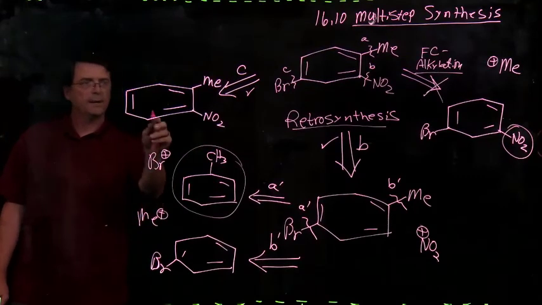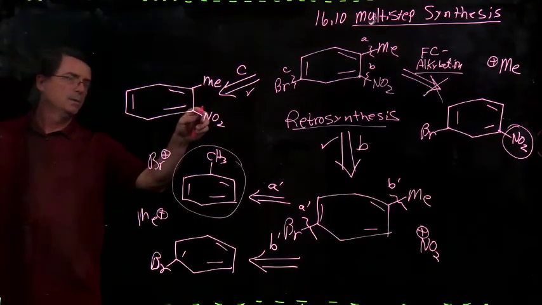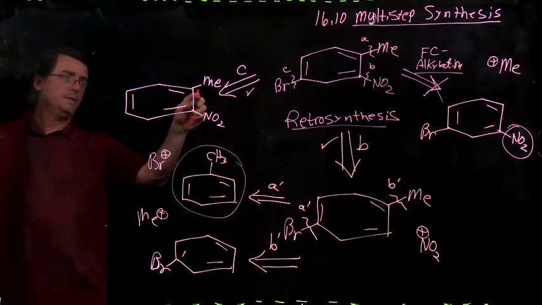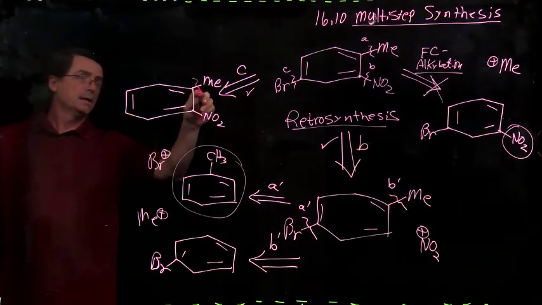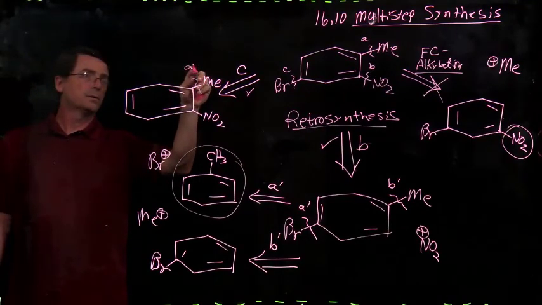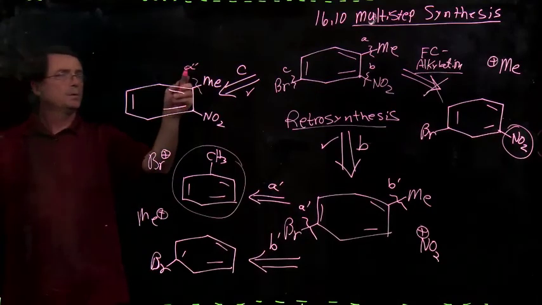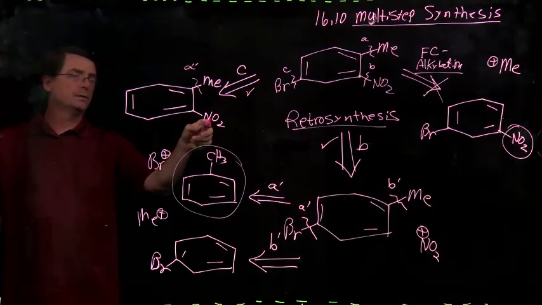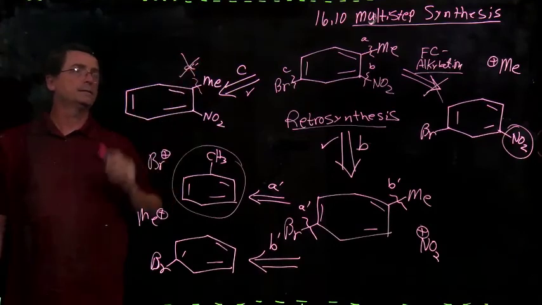Okay. Now, how about the other one? Again, maybe we can already see that if we want to take the methyl group off, we'll call that A double prime, we would be trying to do a Friedel-Crafts on a deactivated ring, and that's not going to work.